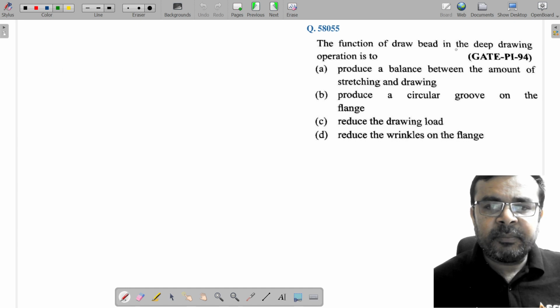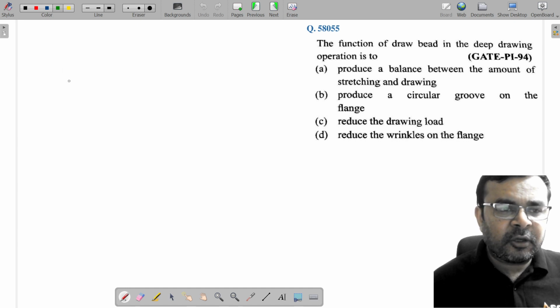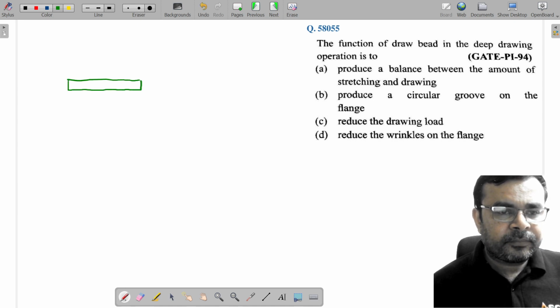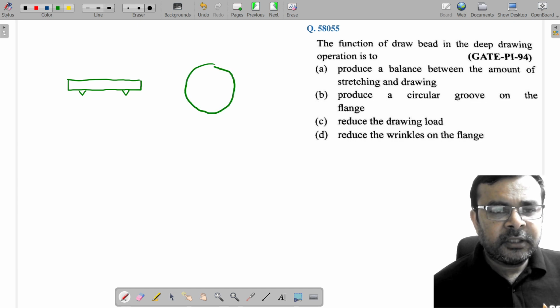The function of the draw bead in the deep drawing operation. What is a draw bead? Actually, you can see, let's suppose this is a blank holder. In this we have some projection like this, and if I talk about the top view, the draw bead is situated throughout the circumference like this.